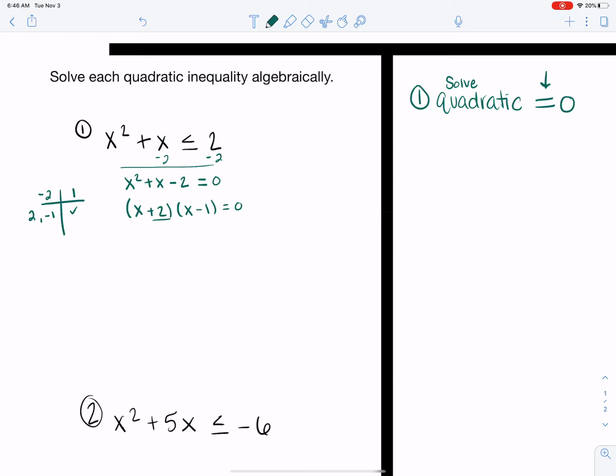Divide by a. Well, a is 1, so that's not really going to change anything. x plus 2, x minus 1. Okay, now we're going to solve both of those. So we have x plus 2 equals 0, x minus 1 equals 0. So minus 2, x equals -2.